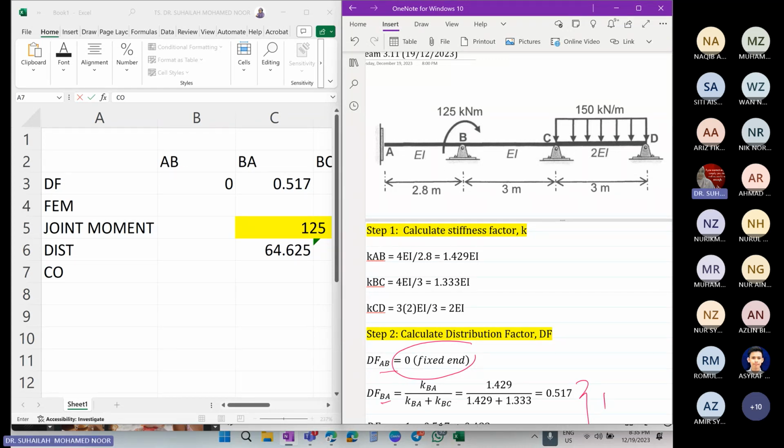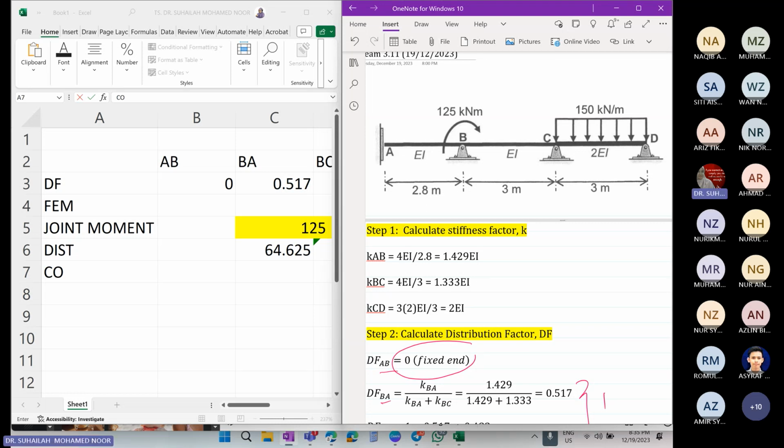And for carry over, we carry the value to the opposite joint. Means for AB, we carry A to B and B to A. BC means we carry from B to C and from C to B. For CD, we carry from C to D and from D to C. Since A is fixed, B and C are internal, D is pin and it is the end point.